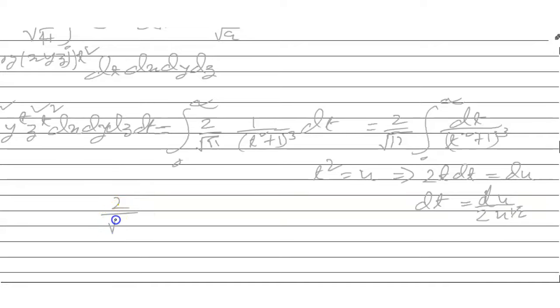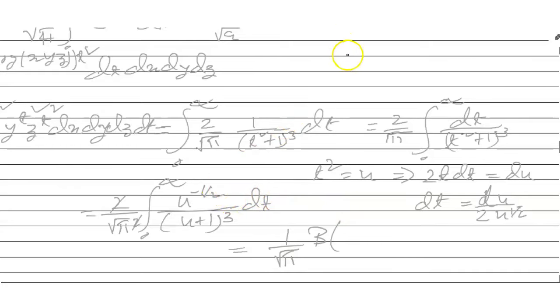Equals to 2 by root over pi, 0 to infinity, u to the power minus half into u plus 1 whole cube into dt, and 2 cut, and equals to, we get 1 by root over pi beta.